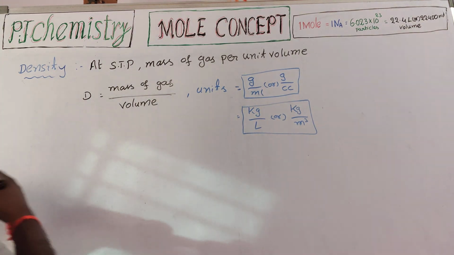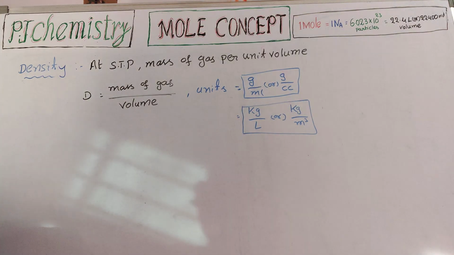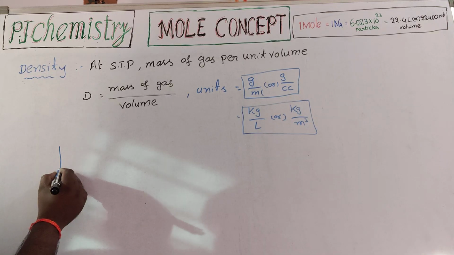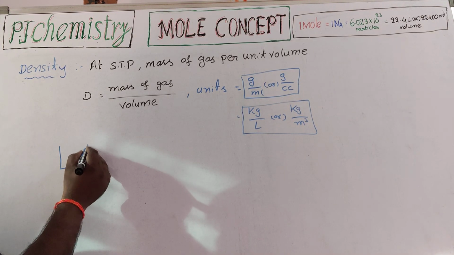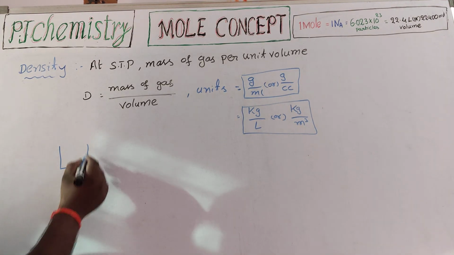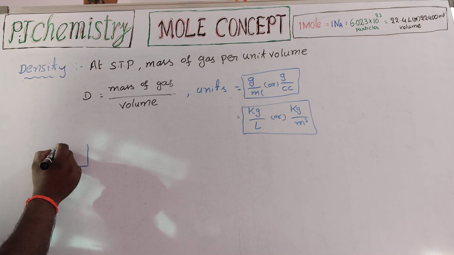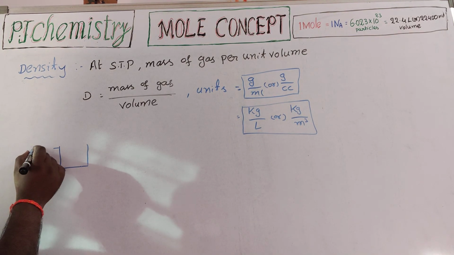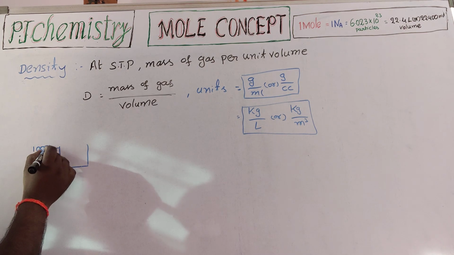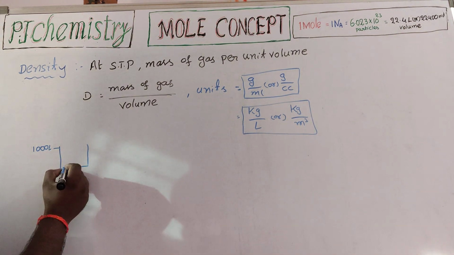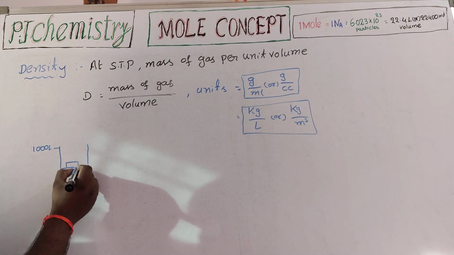Now see here, for example, let's say STP conditions. Consider a container with a capacity of 1000 liters, and I'm taking 1 kg ice cube.